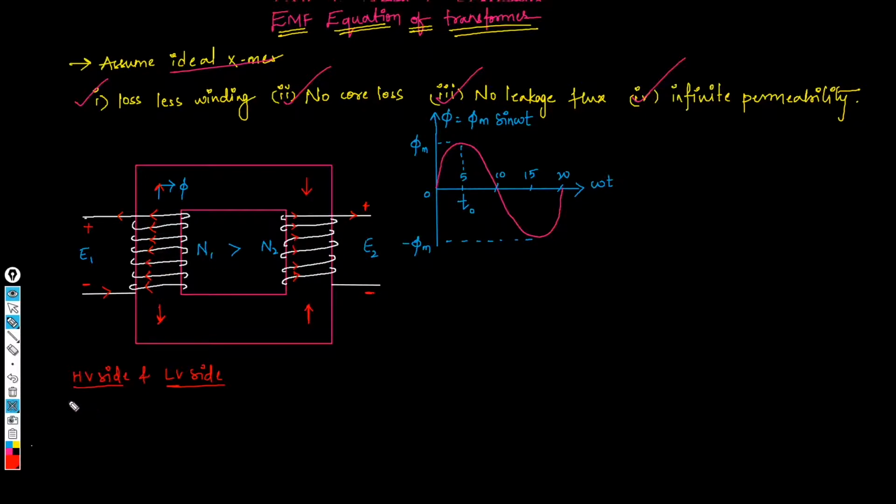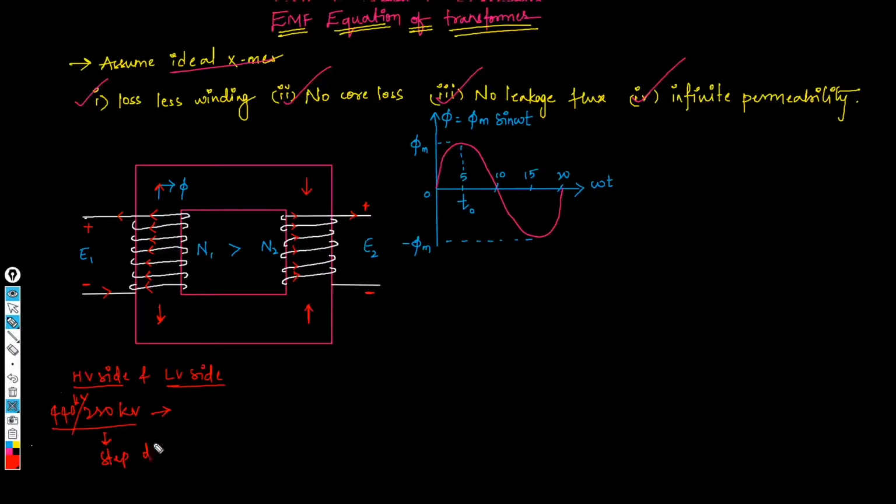For suppose a transformer is designed like 440 kV to 220 kV. It depends totally on the end user whether he wants to use this as a step up transformer or a step down transformer.